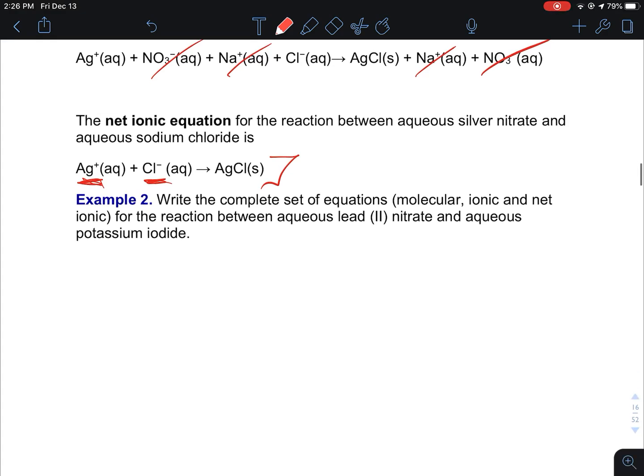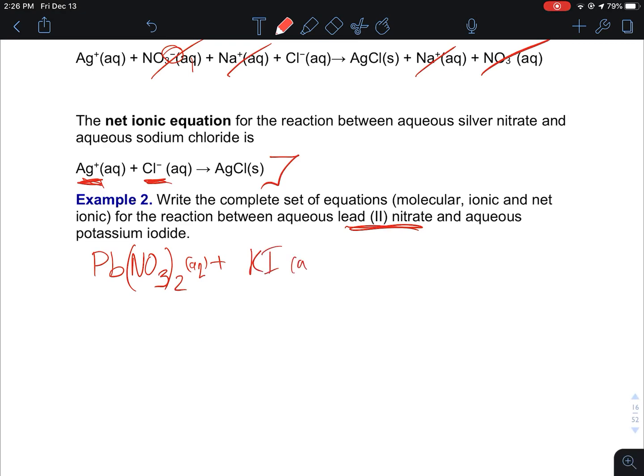So let's write out one full set here. We have lead 2 nitrate, so that's Pb(NO3)2. And notice that nitrates have only a -1 charge, so if it's lead 2+, we need 2 of those. And we're going to say that's aqueous. And we're going to be adding that to potassium iodide.